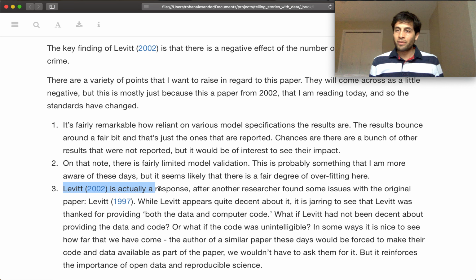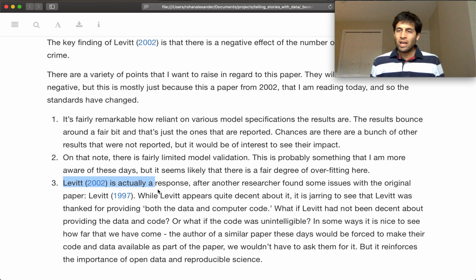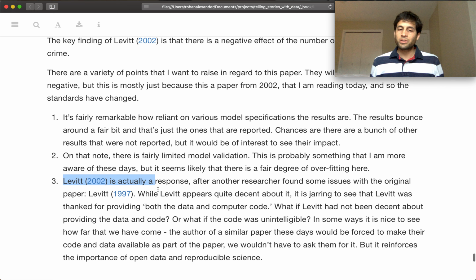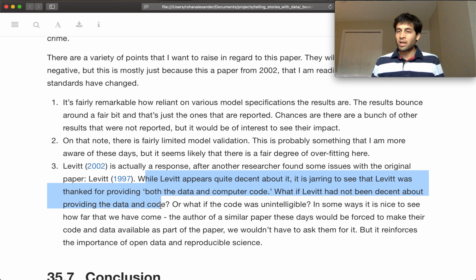This author found that there were actually a whole bunch of issues with the paper. And the only reason that author was able to find that there were issues is because Steven Levitt shared the data and the code.